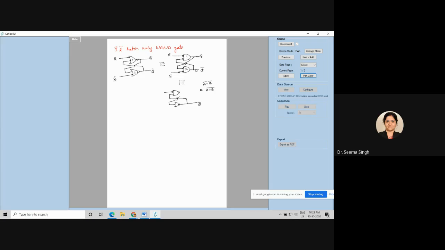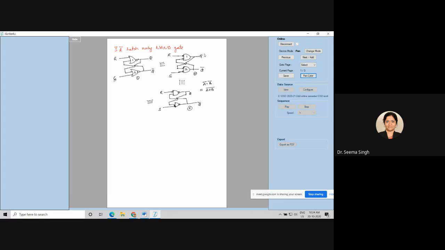Both the bubbles I have shifted, and one bubble is there as it is, which I did not shift. Did I do any change between circuit number 1, circuit number 2 and circuit number 3? All three circuits are the same only. I only shifted the bubble back to Q bar, and this bubble back to Q. So no change.